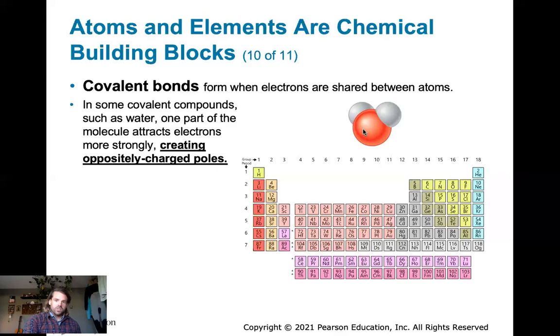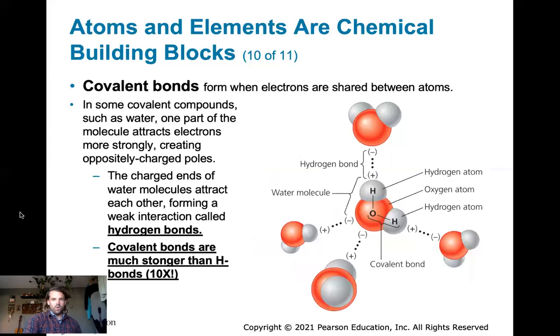So oxygen is going to create more of an attraction for those electrons than the hydrogen, and the oxygen is going to have a negative pole, or a negative charge, on this side of the molecule, whereas the hydrogen, having less ability to attract those negative electrons, is going to tend towards having a slightly positive charge on each of the hydrogen atoms. And so these are called poles. So covalent bonds are happening here. They're sharing electrons, but they're not sharing equally, okay? And it creates these poles.